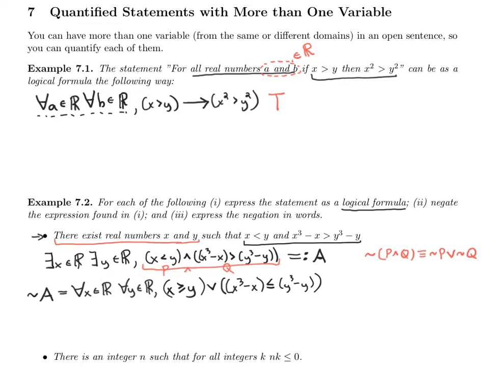Okay, what I have come up with: we have a double universally quantified statement here. So we'll say for all real numbers x and y, that will be that part.